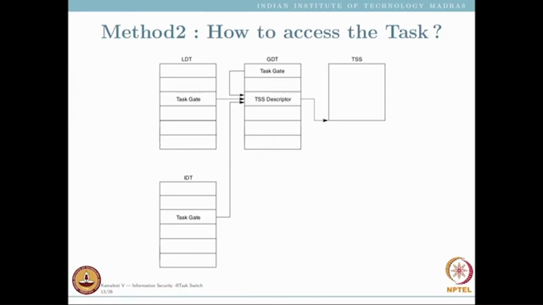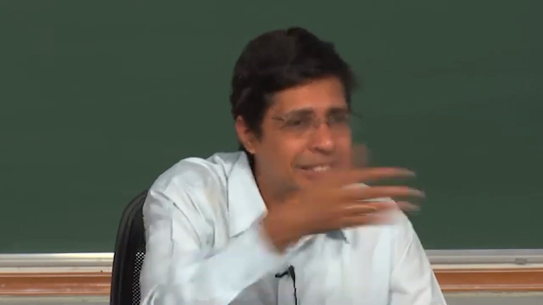Okay, while doing this we also have to make sure that there is a DPL, a descriptor privilege level, for this task gate and also for this task descriptor. If the task gate has a DPL of 3, then a 3, 2, 1 or 0 can jump to it.